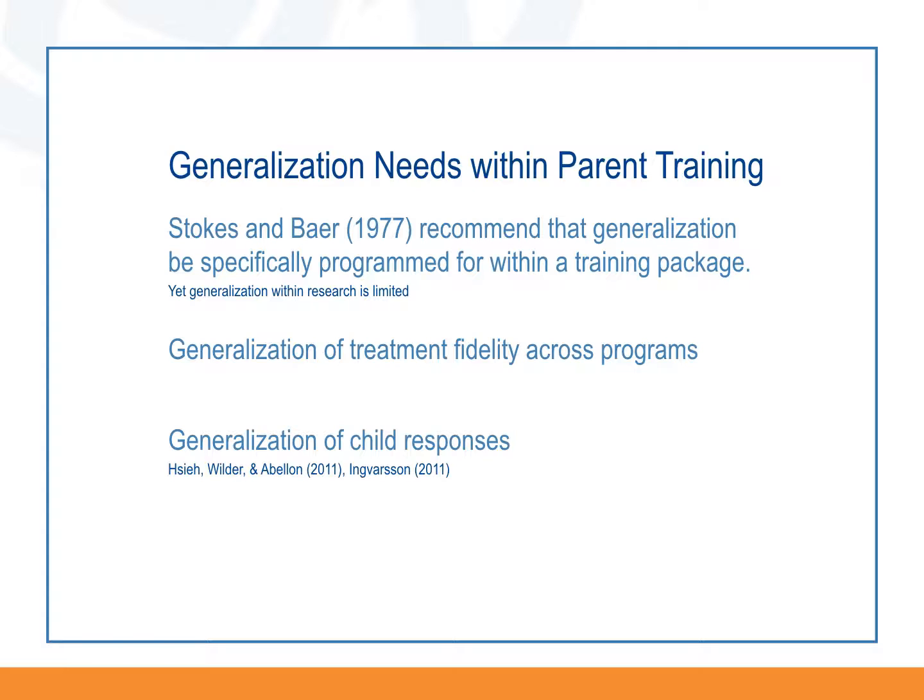There have been two components that have been looked at. First, there's generalization of the treatment fidelity: can we train the parents to implement a program, and then can they use that to implement other programs? And then also the generalization of the child's responses. If you train a child to mand, are they then able to mand for novel things without additional training?